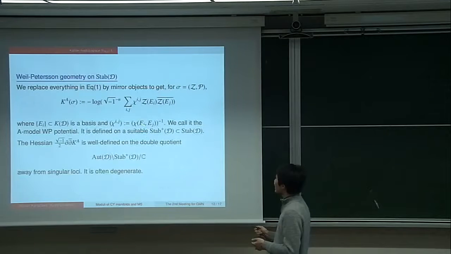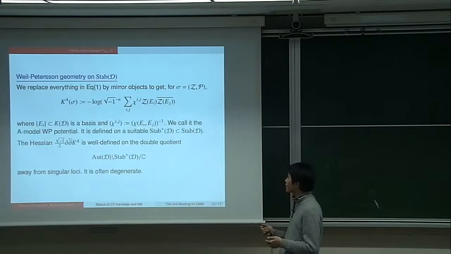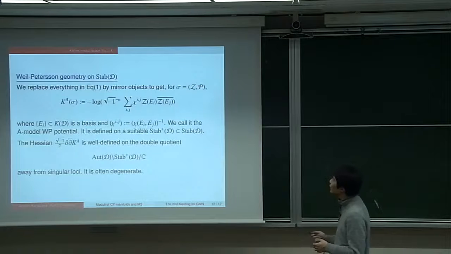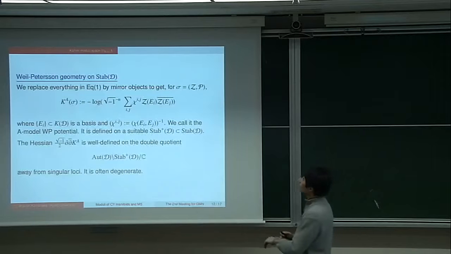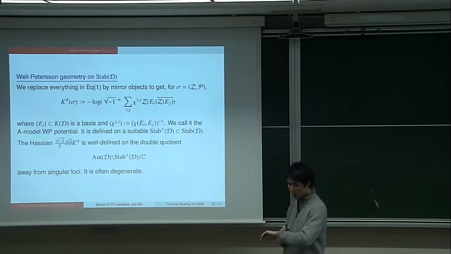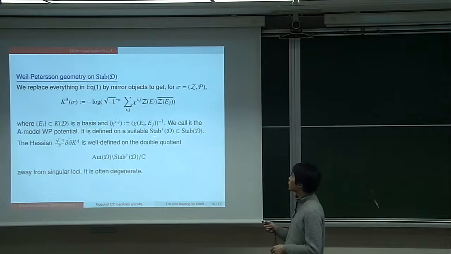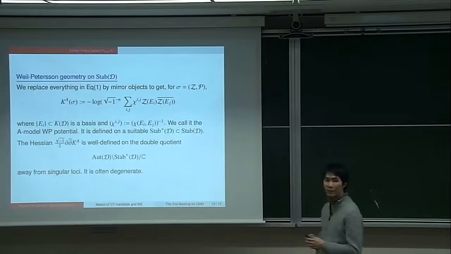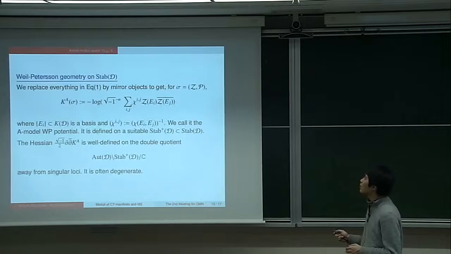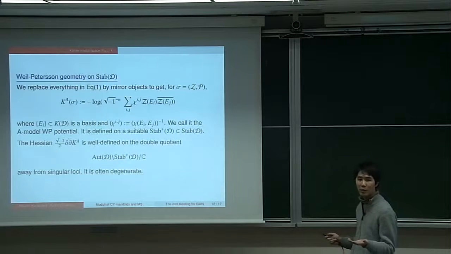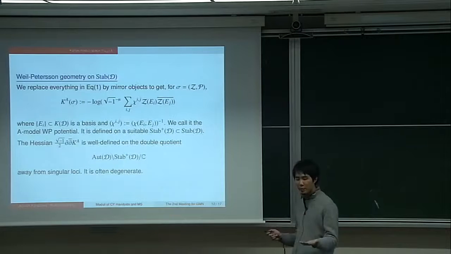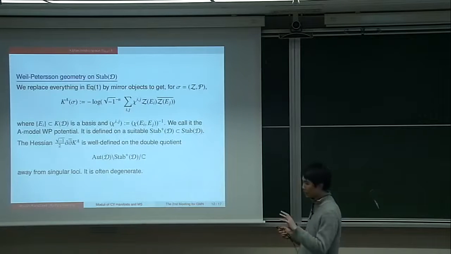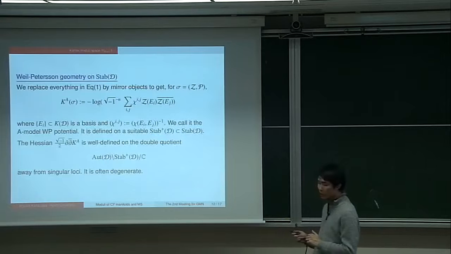Okay. So that's an analog of the pairing on the Gaiotto category. And we call it the A-model Weil-Petersson potential. I cheat a little bit, but it is defined on a suitable subset of the stability conditions. For example, we wanted this part to be positive because I wanted to take the log of that one. So there are some conditions like Riemann's bilinear relation, and some conditions to cut out a suitable subspace.